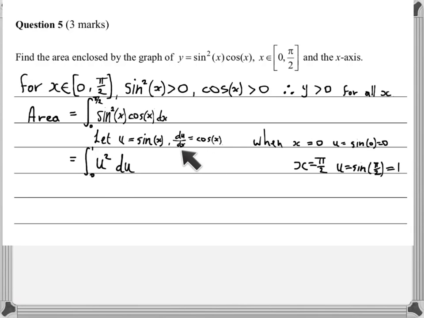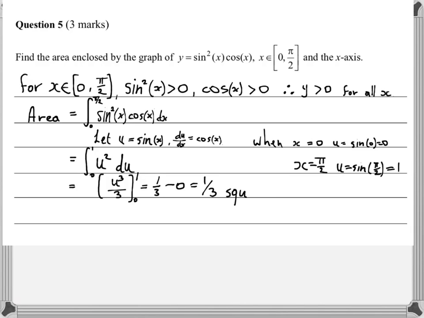Since du is equal to cos x dx, I can replace this part here, cos x dx. All that there is replaced with du. Okay? Now we can integrate with respect to u. And we get u to the power 3 on 3. And evaluate that from 0 to 1.